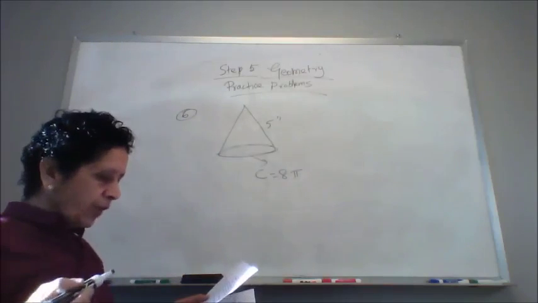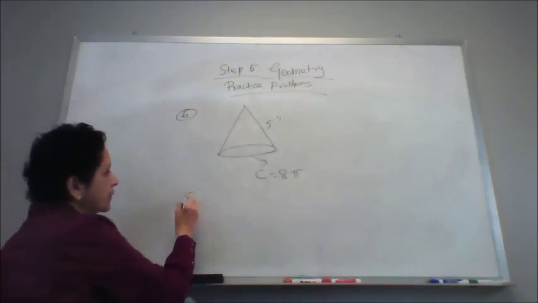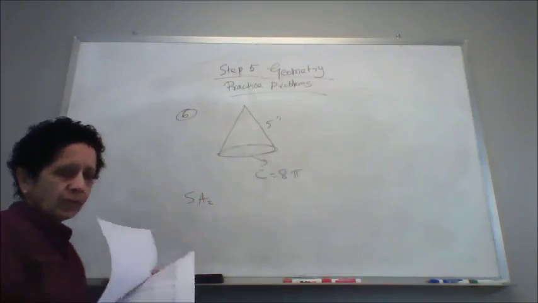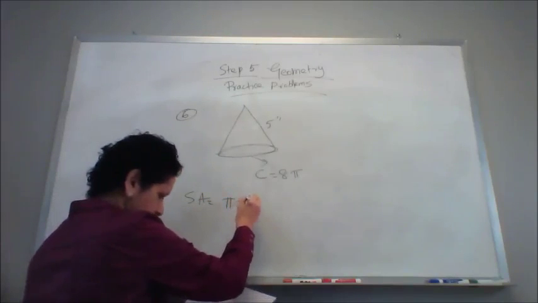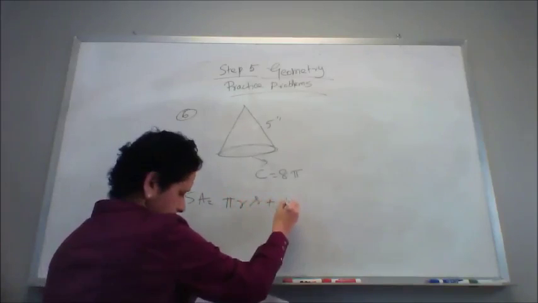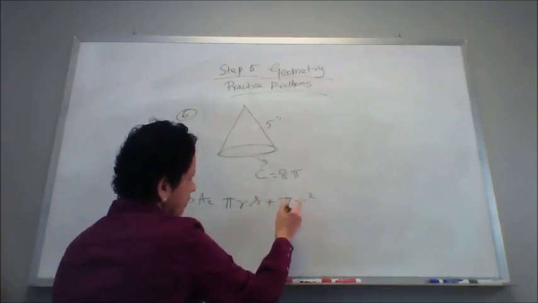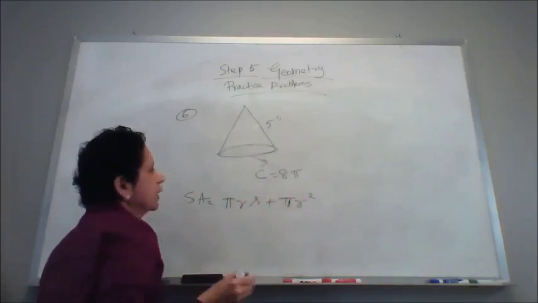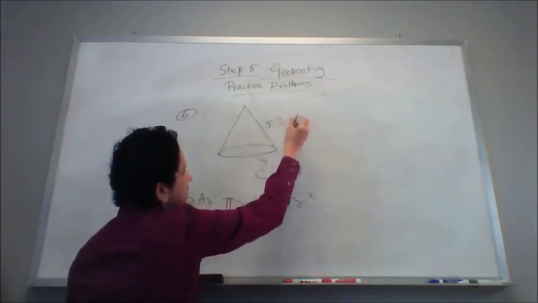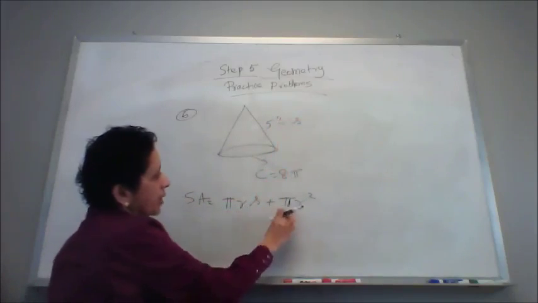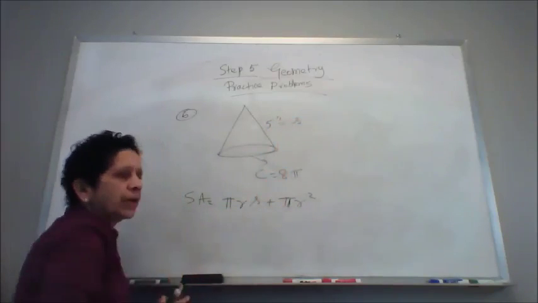For a cone, if you look at the formula sheet, the surface area is pi r s plus pi r squared, right? So you just look at that. Now the slant height, this is s. In the formula, you need to know what r is, right?